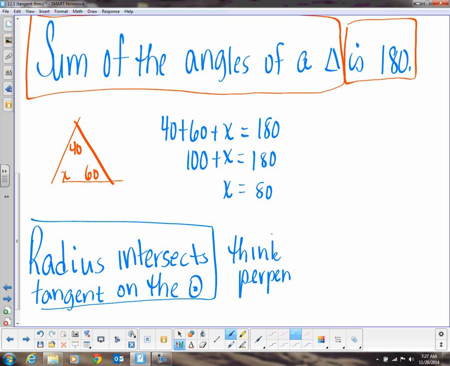This is its relationship. After this, they will never give you that box. You have to know it. So over here, I suggest you draw a radius and a tangent and put in a little box so that when you see this, you have to think perpendicular. I can't even begin to say how wonderful this is going to be to prepare for your midterm and your EOC.